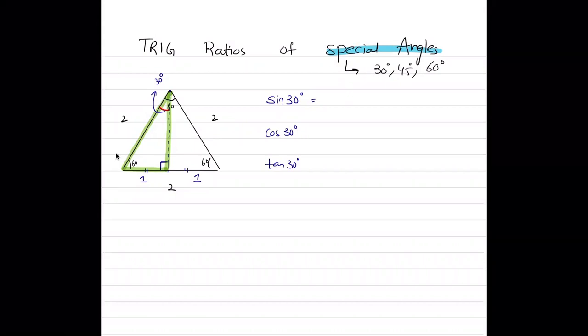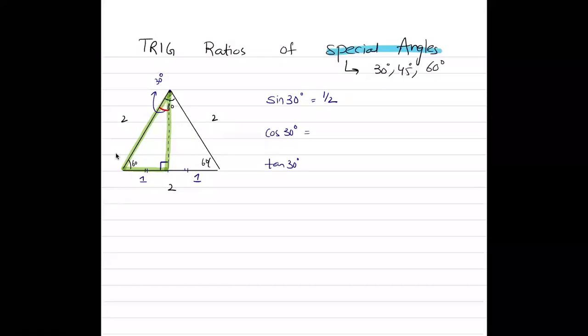Perpendicular upon hypotenuse. So that is going to be 1 over 2. Cos 30 is going to be equal to base upon hypotenuse.